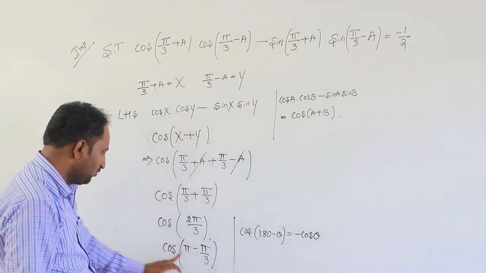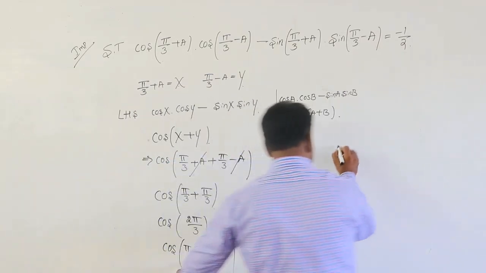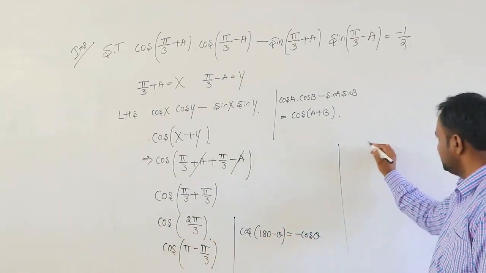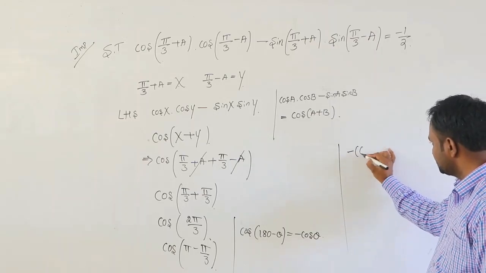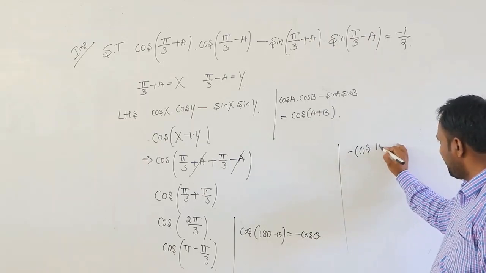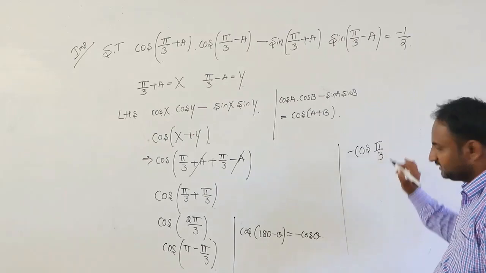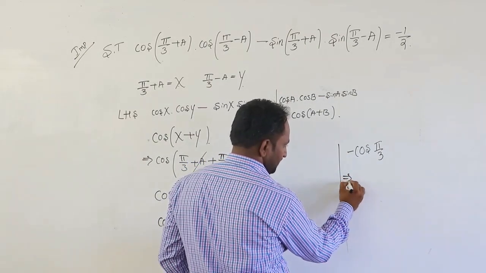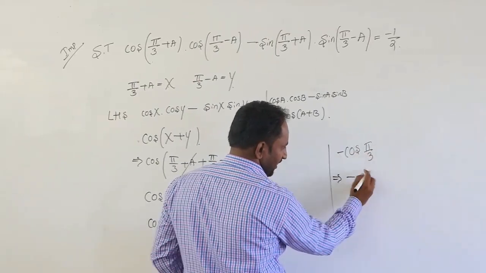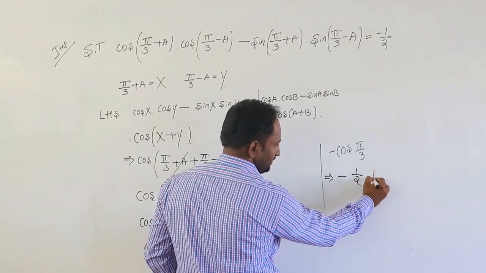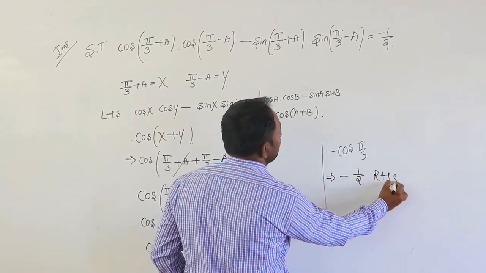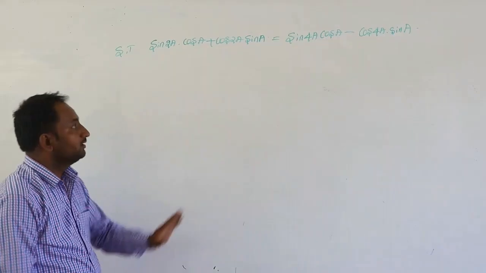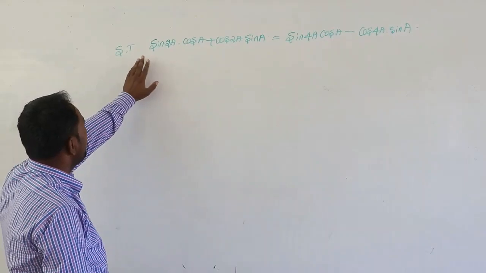Applying this formula, pi by 3 means 60, so cos 60 is 1 by 2, and the result is minus cos 60, that is minus 1 by 2. That is the RHS result. So that is the answer. Okay.